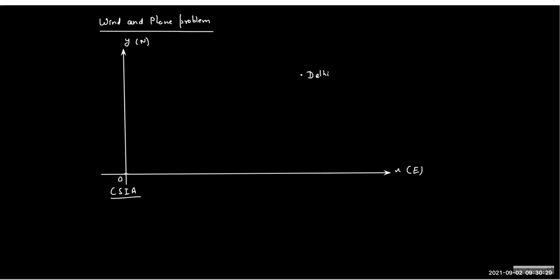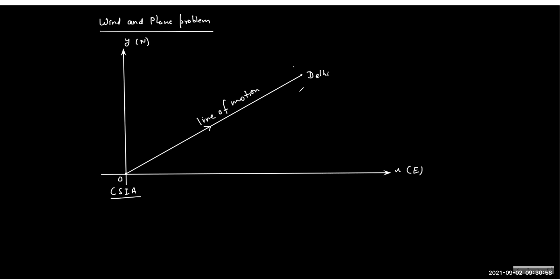Now the destination is known to us. So the first thing you need to realize is that this must be your line of motion. Because in the case of an airport, we cannot afford drift. If you land somewhere here, it will be dangerous.